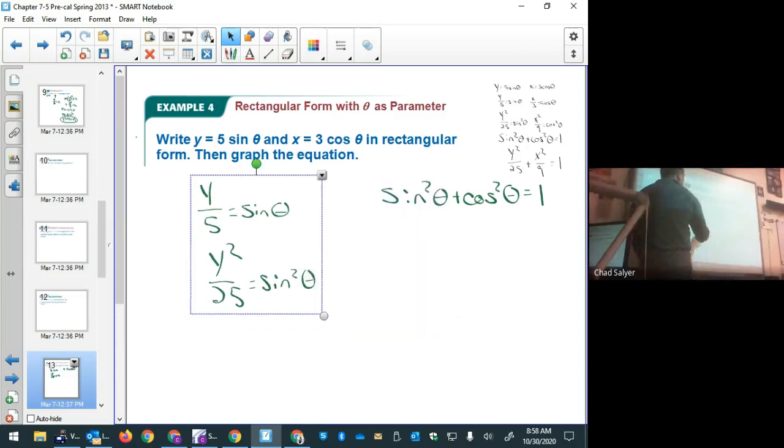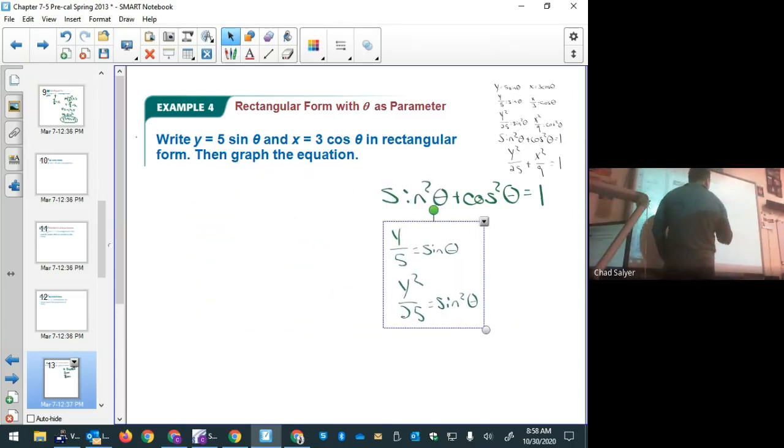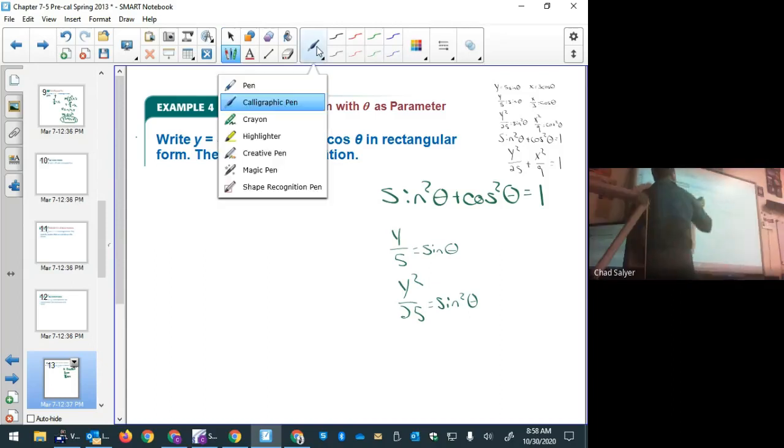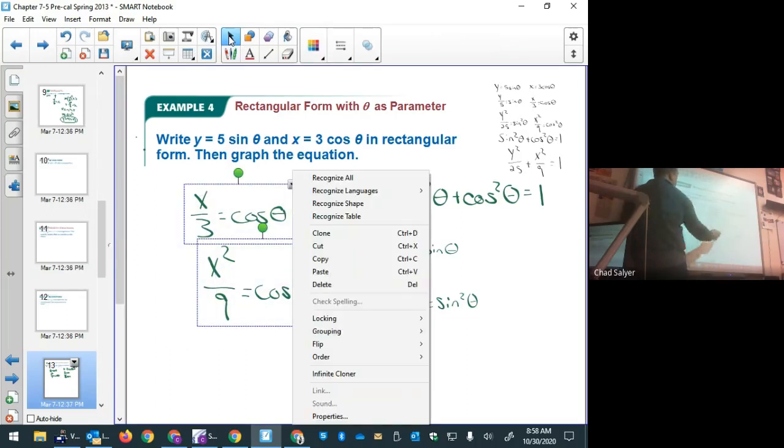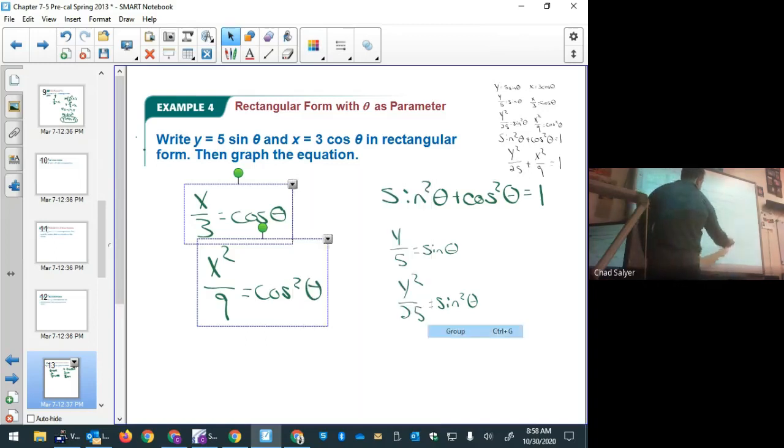Thought you could forget all about those old identities, didn't you? Wrong. So on the second one, if I divide both sides by 3, I get this. If I square both sides, I get this. And then there's something I can plug in for cosine squared theta.